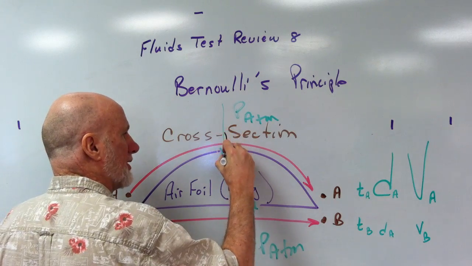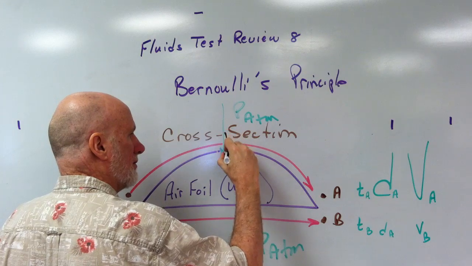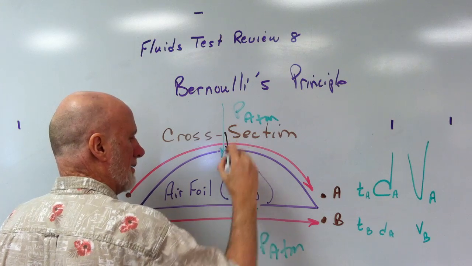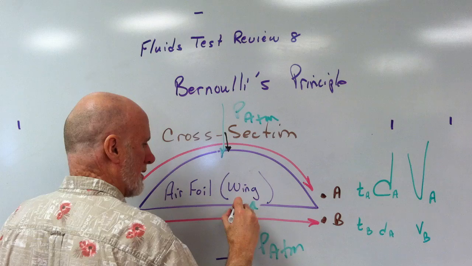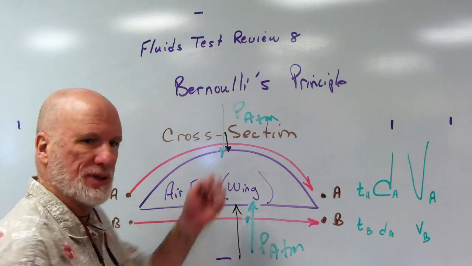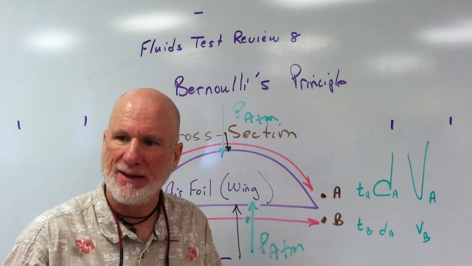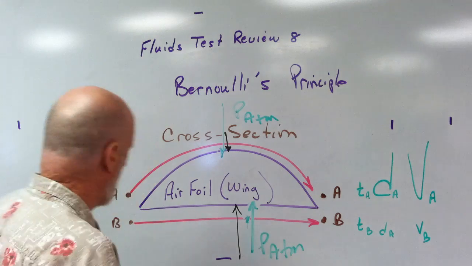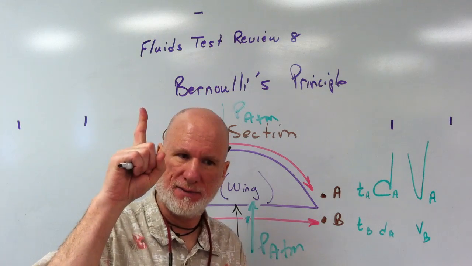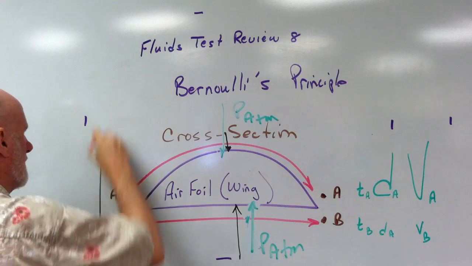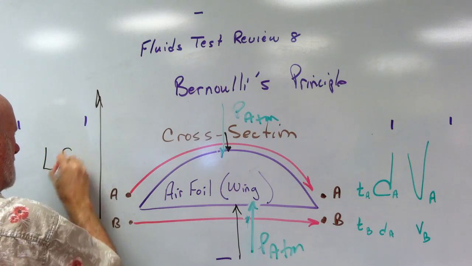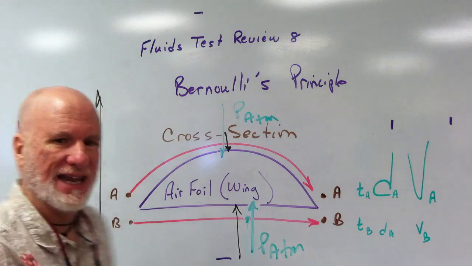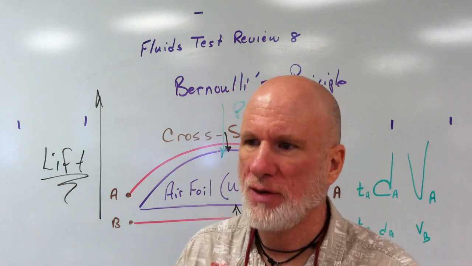So let's say the pressure is like this here, and it's like this here. What happens? Add those two vectors. What do you get? That's right. The net is going like this. You get lift.